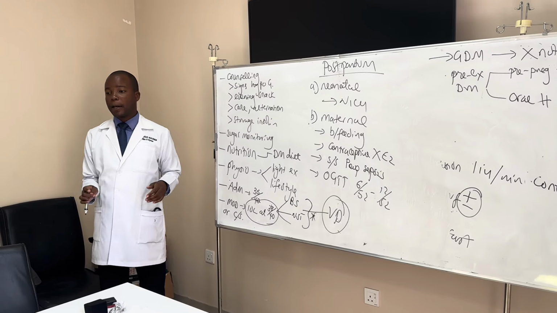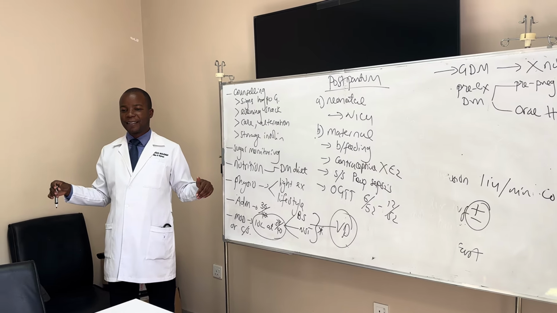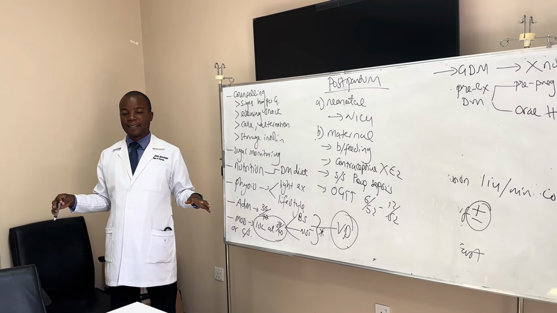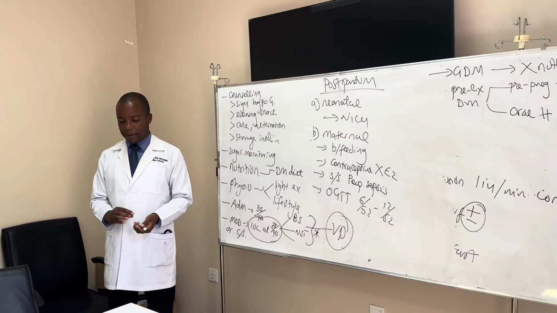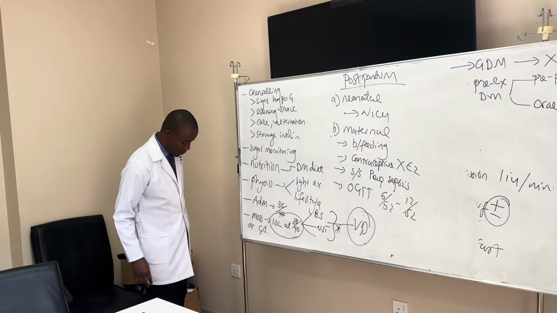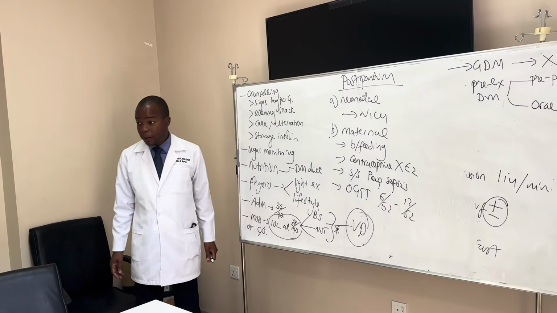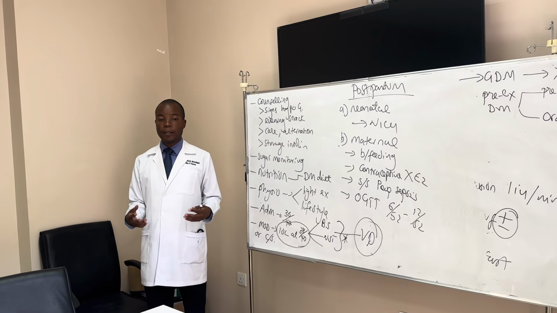So one who will remember the McRoberts maneuver, Rubin, Mazzanti, Woods corkscrew, and other funny maneuvers that we are teaching you that day. Who needs to be present. And also the neonatologist has to be present in the labor ward as well, or in the operating theater.